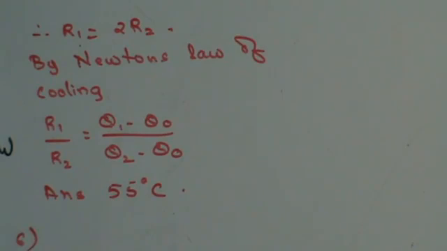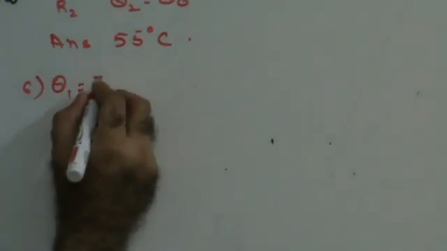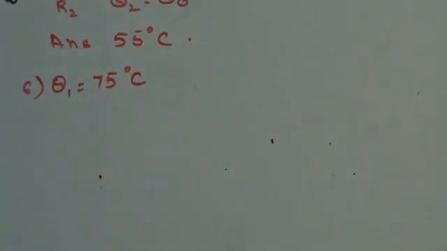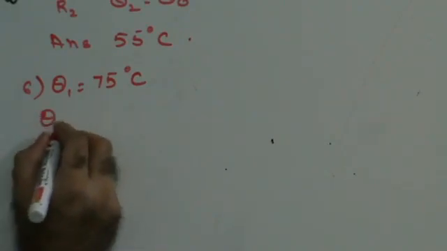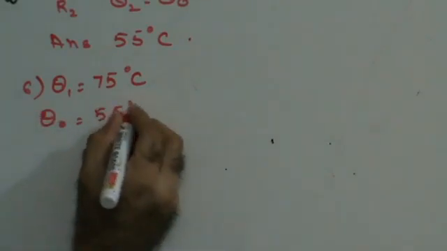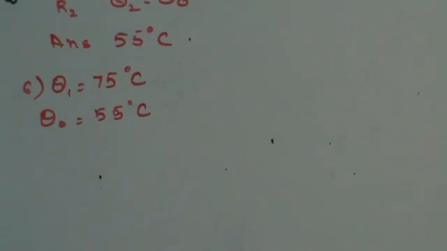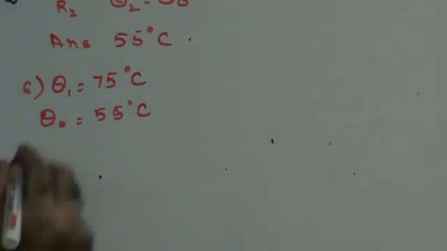Read out the next one, please. A body cools from 75 degrees Celsius to 55 degrees Celsius in 10 minutes.